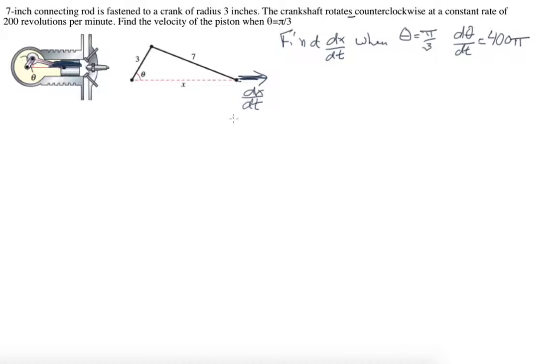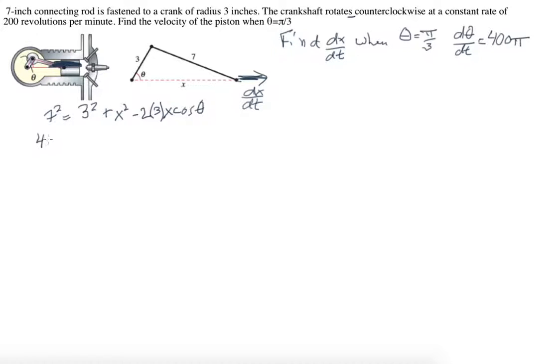Okay, and so somehow we're going to have to relate theta and x together so that we can take the time derivative of it to find dx/dt. And so we have a triangle here. It's not a right triangle, so we're going to have to use law of cosines. And since my angle is opposite the side 7, we can say that 7 squared is equal to 3 squared plus x squared minus 2 times 3 times x cosine theta.